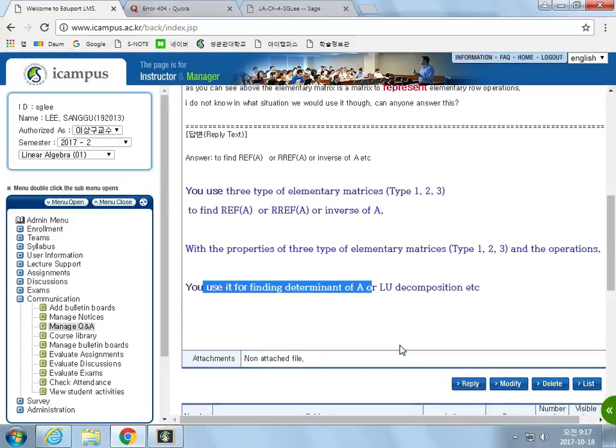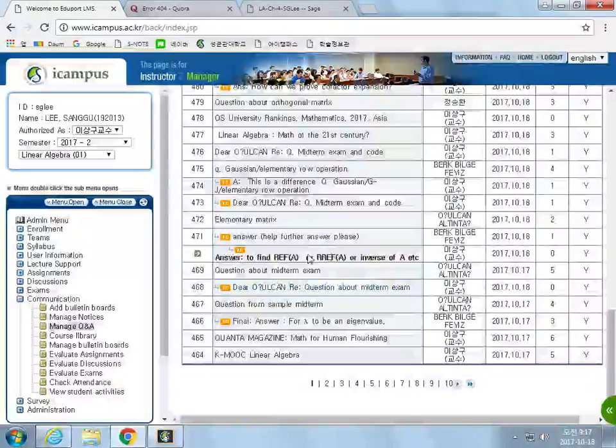And using those properties, the product of lower triangular matrices is a lower triangular matrix, and the inverse of a lower triangular matrix is another lower triangular matrix. So you have a matrix A, which is a product of a lower triangular matrix and an upper triangular matrix. And so it has a lot of uses. Okay, elementary matrices.